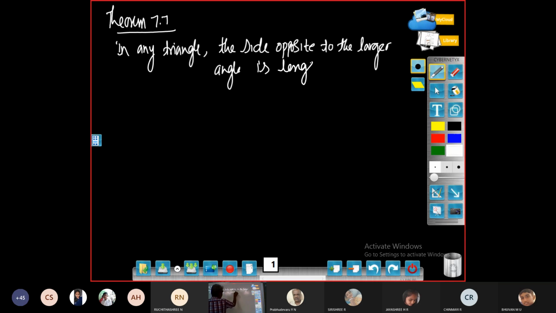Just a converse of the previous theorem. These two theorems are converse to each other. Both give the same meaning, but once the sides are given, you can compare the angles. Same way, if the angles are given, you can compare the sides also.